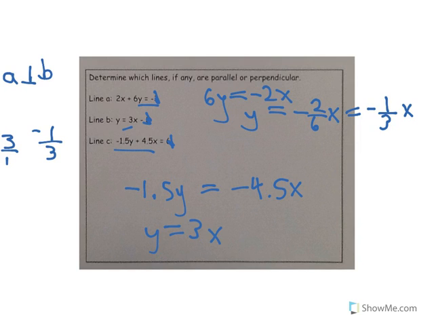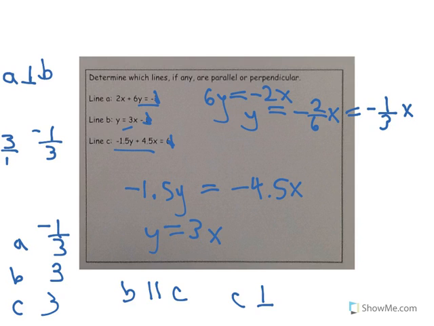And then I compare it to these other slopes. The slope for line A is negative 1/3. The slope for line B is 3. The slope for line C is 3. So B is parallel to C, and C is perpendicular to A, because it's the negative reciprocal again.